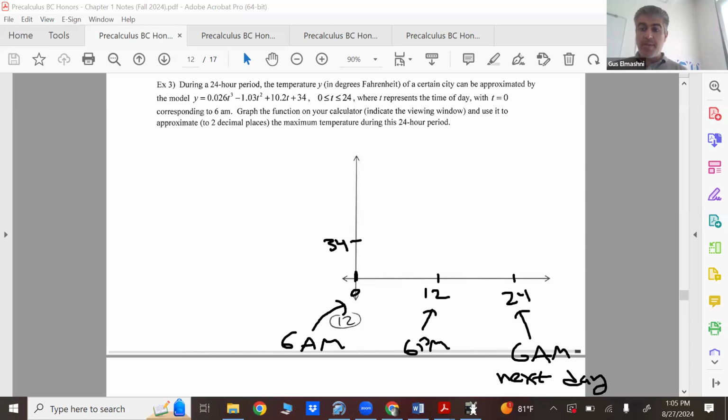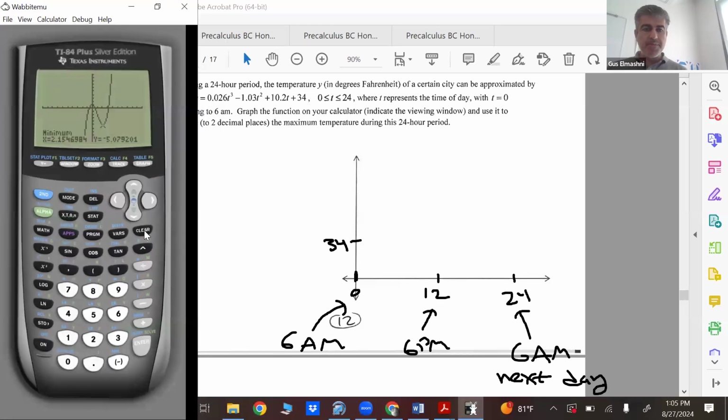Well, let's punch it in the calculator and see what happens. So let's see, we got 0.026 x raised to its third power minus 1.03 x, plus 10.2 x, plus 34.